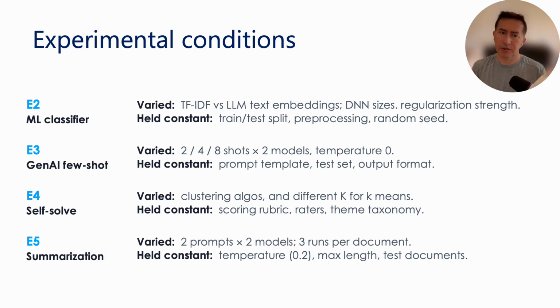For example, for the ML classifier, we may try different ways to embed the text. We may try different deep neural network models, different approaches to regularize the output. We keep constant the train and test split, maybe the preprocessing, and we fix the random seed so that we make it easy for results to be repeatable.